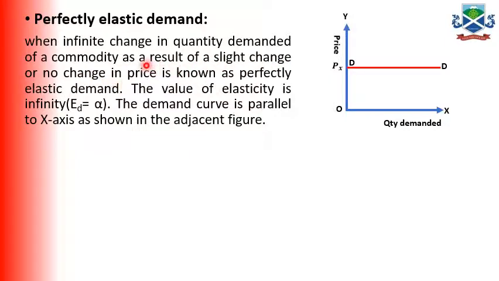This situation we call perfectly elastic demand, whose value of ED is equal to infinity. How it is infinity? We will learn when we measure it in the geometrical method.